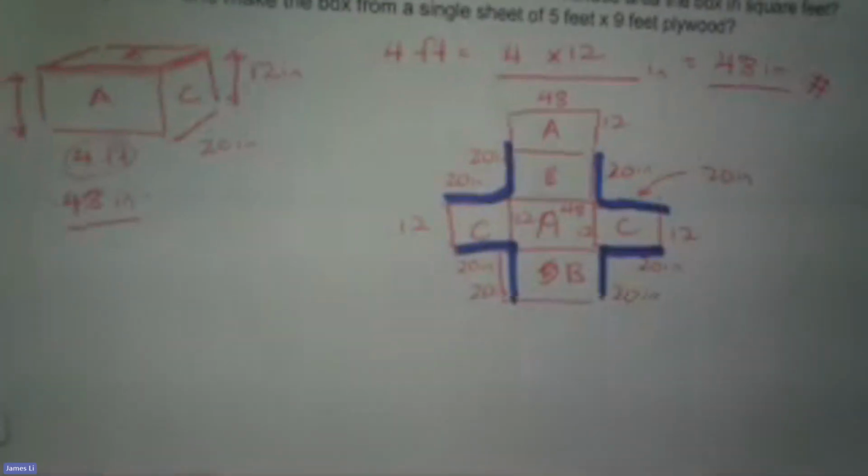All the blue sides are 20 inches. Once you do this, congratulations, you are done with part A, you are done with the net.